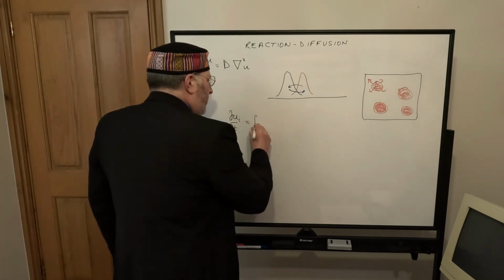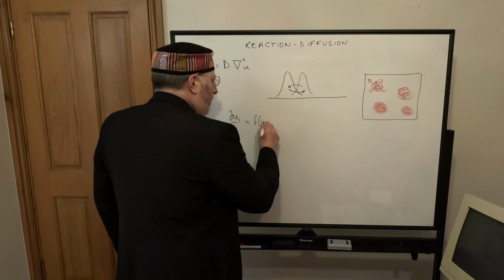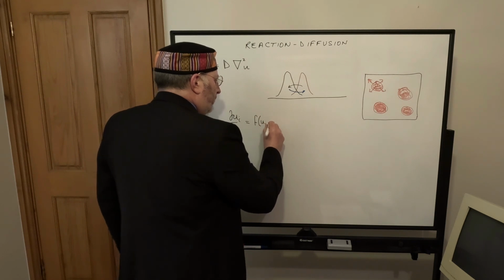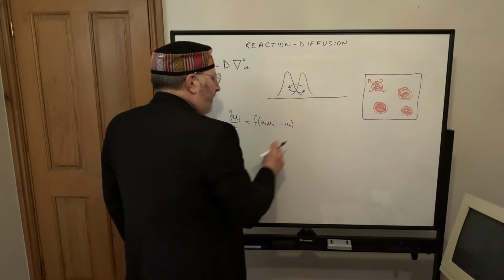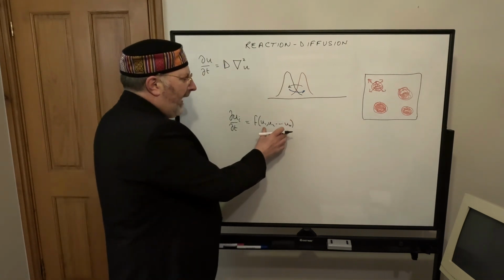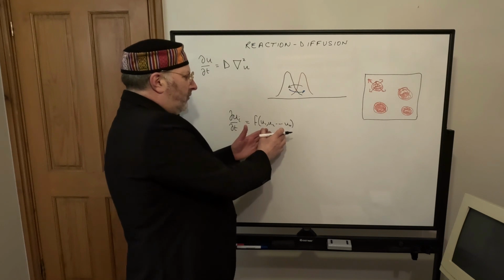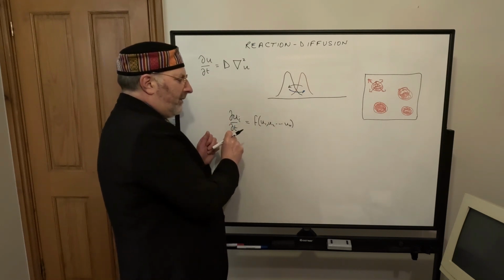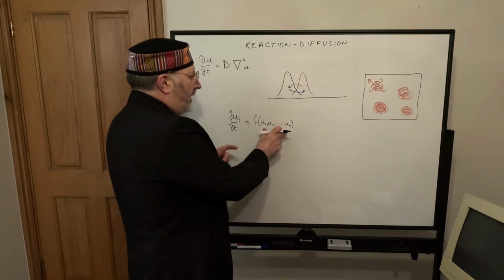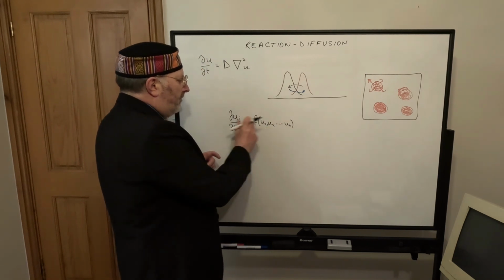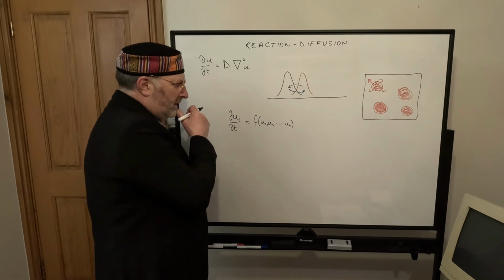Well, it's going to be a function of all the chemicals u1, u2 up to un. That's just describing how the chemicals react to produce this ith chemical, which will depend on the concentrations of the other chemicals, how quickly they combine or react to produce this chemical.